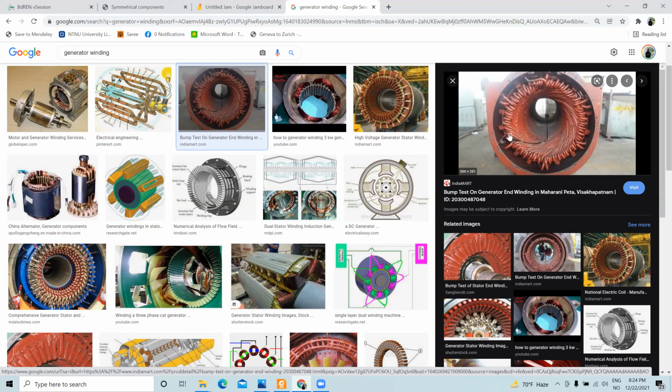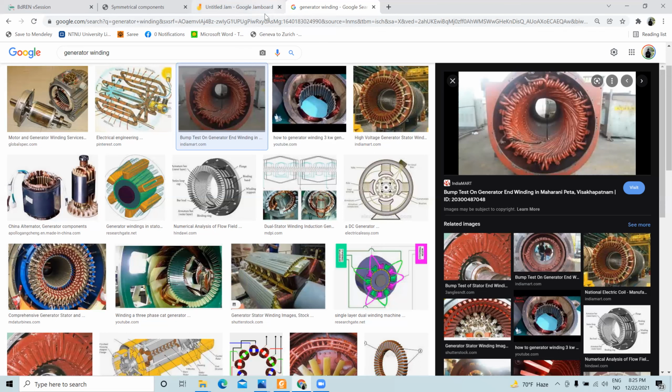As a result, the current output from the generator will be low. So to solve these problems, we do not design the generator to go beyond maybe 20 or 25 kilovolt.